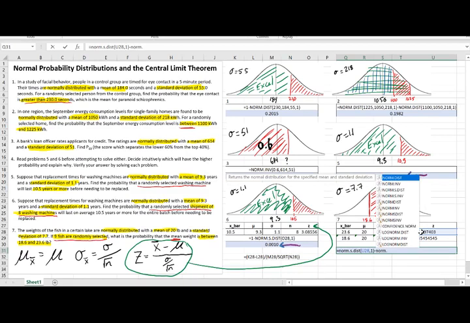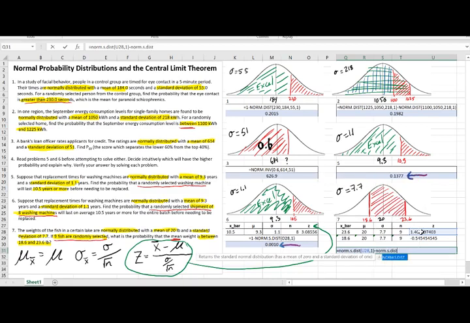So that's norm.s.dist, and our second z-score, comma 1. Okay, and that will give us the probability that a group of 9 randomly selected fish will, on average, have a weight between 18.6 and 23.6.